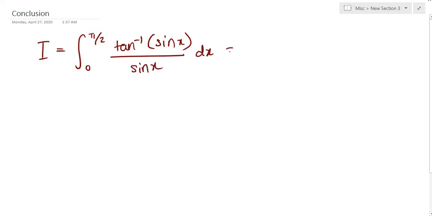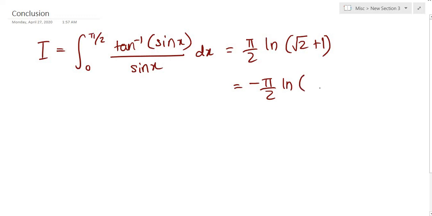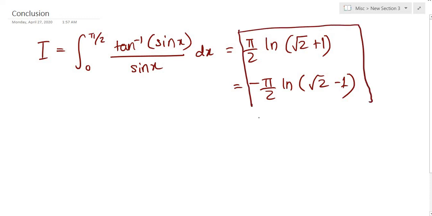We used Leibniz rule or Feynman's integration technique to obtain pi over 2 times the natural log of square root of 2 plus 1, otherwise known as negative pi over 2 times the natural log of square root of 2 minus 1. So that's a really neat result we got there.